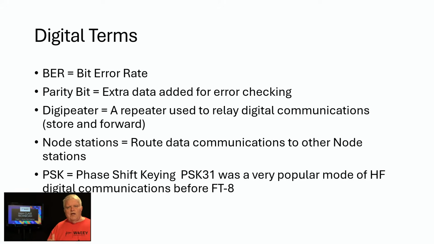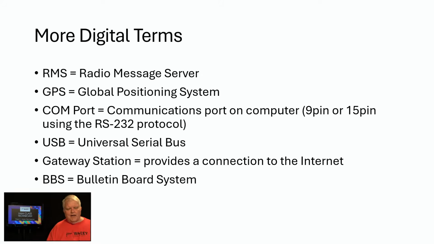There are node stations that can have high data rate links that can transmit digital data. And phase shift keying, PSK31, was super popular up until FT8 came along, and then you have very little PSK31 going on anymore. More digital terms are a radio message server used in the Winlink system. We talked about GPS used with the packet radio.